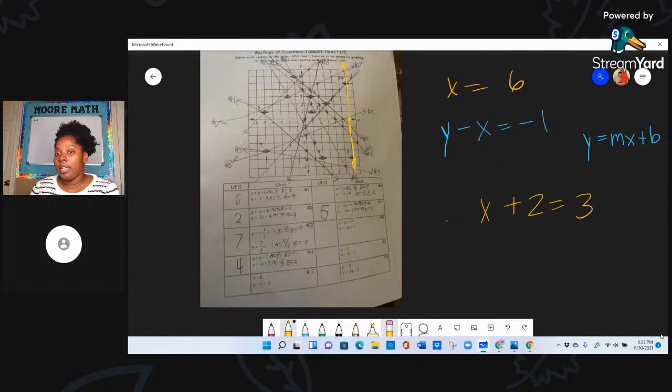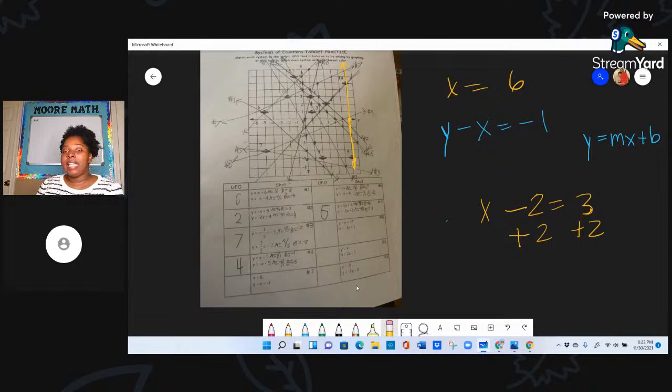Subtraction. Remember, we just do minus 2 on both sides, right? Okay. Yeah. So if this was x minus 2 equals 3, what would you do to solve for x? Subtract 2. I mean, add 2. Add 2. Good.